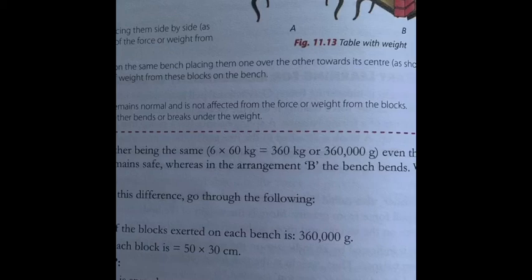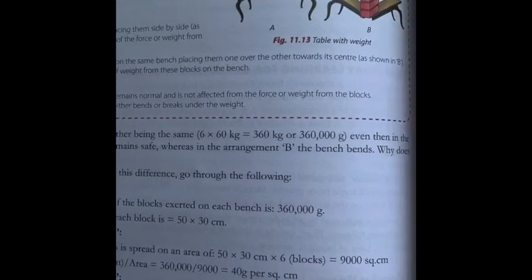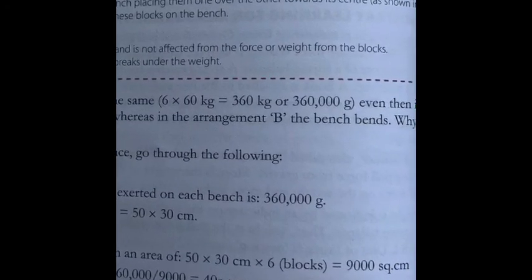And next, we have to calculate the area. Each block is 50 cross 30 centimeter, and we have 6 blocks in total. Together, they take an area of 9,000 square centimeter over the surface of the bench. Now we are going to calculate the pressure.